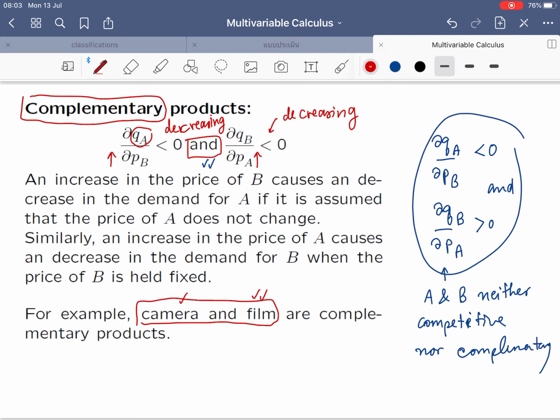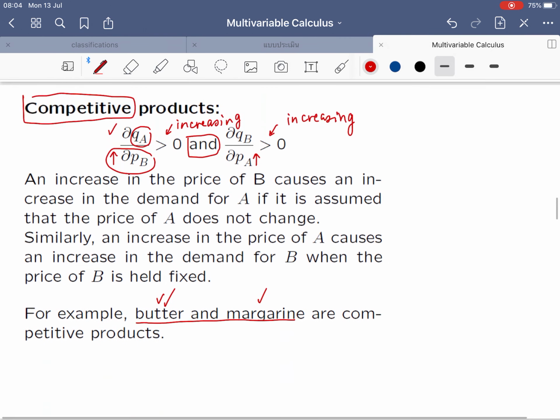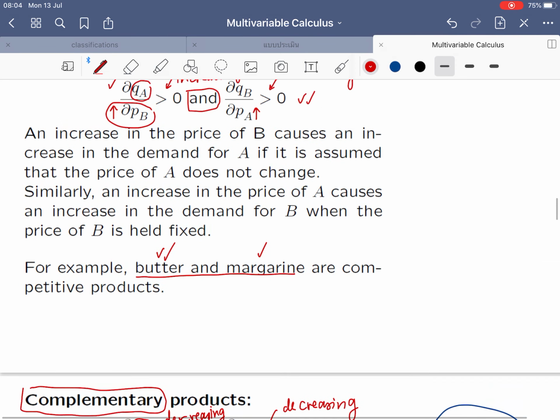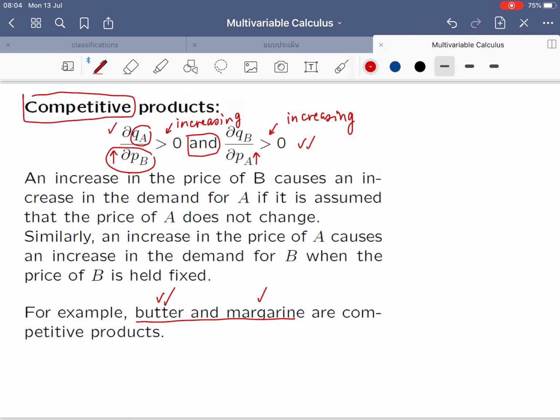And on the other hand, if this one is greater than zero and this one is less than zero, so the inequality signs point in different directions, then A and B have no relation at all. So it has to be in the same direction, either both negative or both positive. However, to me, if I want to remember, I'll remember only one of them.